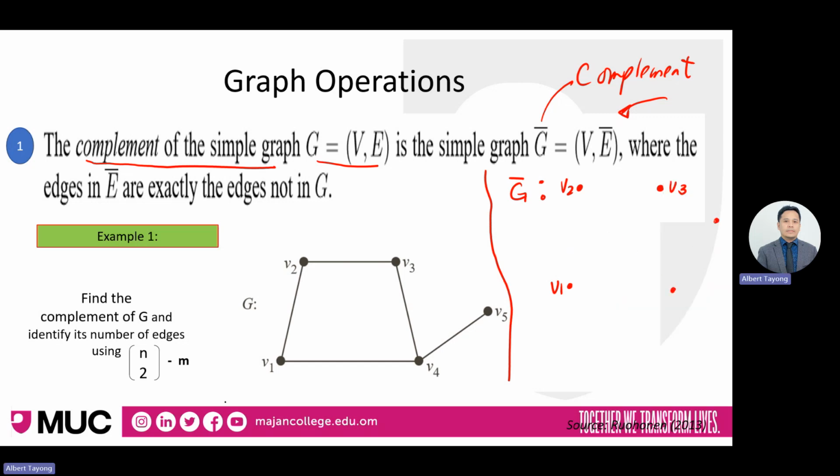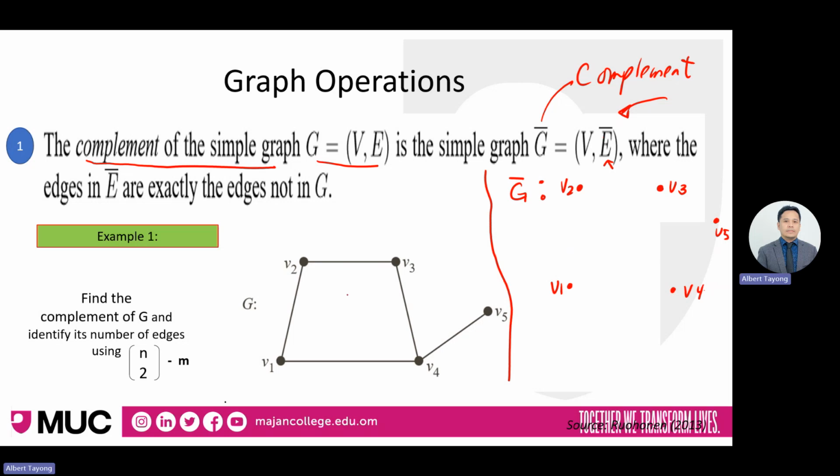And we have our V5 here. Okay, so these are the original points. We are not going to change our points. What we're going to change is only the set of edges, because our E becomes E bar.